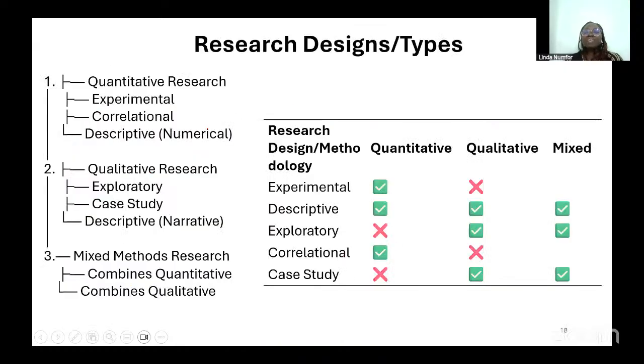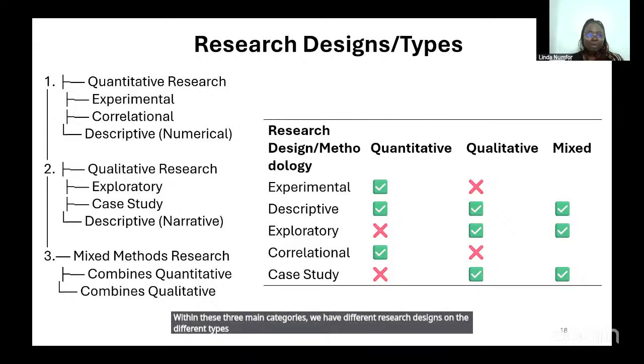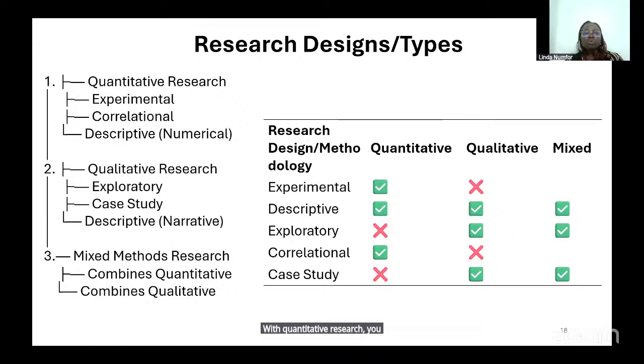Now, we have research designs. Within these three main categories, we have different research designs or different types in which you can carry out. With quantitative research, you can actually do an experiment. You can do a correlational research. You can also do a descriptive research. We're going to see that more in the next slides.